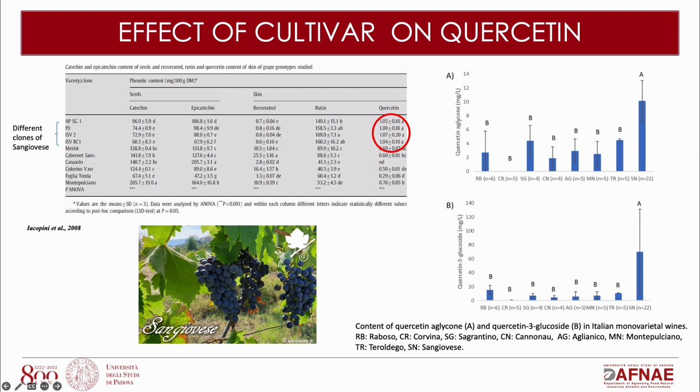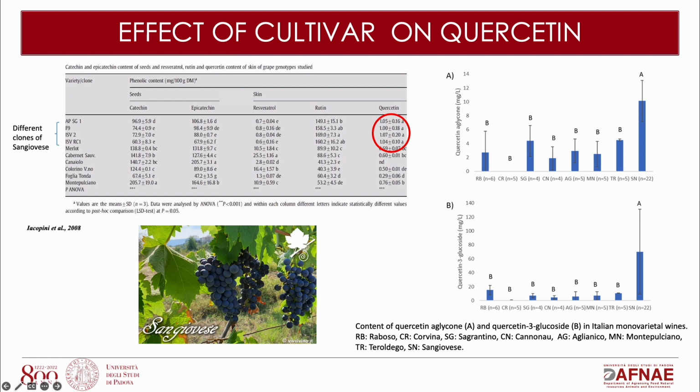And in this work of 2008, it was demonstrated on wines that some clones of Sangiovese have a higher content of quercetin than other Italian, but also international varieties. But you can see we are talking about 1 milligram per liter, because it's just quercetin aglycone.